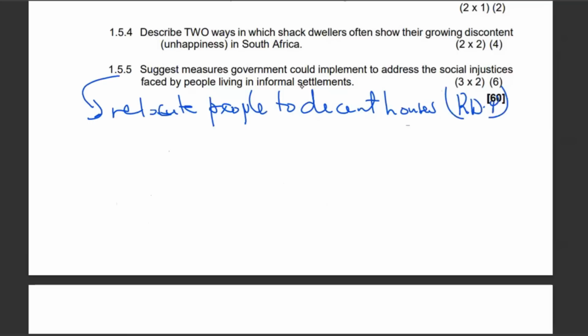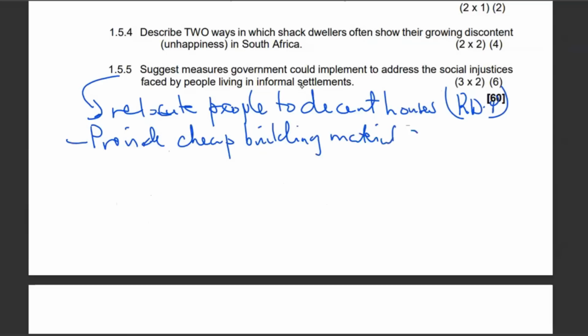And also what can be done, provide cheap building material. Or we can say the government must subsidize building material to the people so that they can be able to do their own construction of decent houses and be able to stay formally.